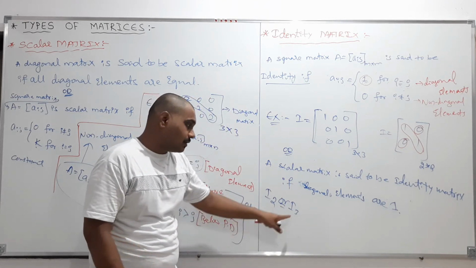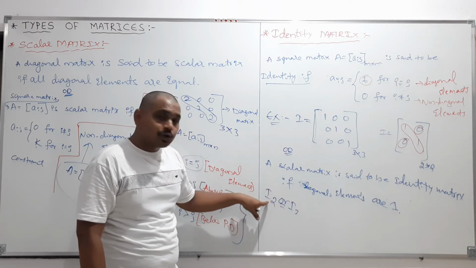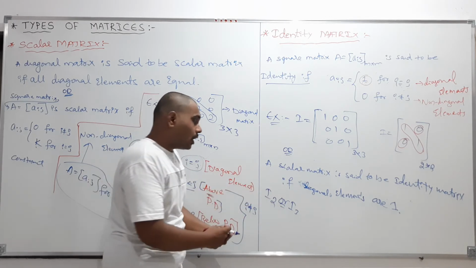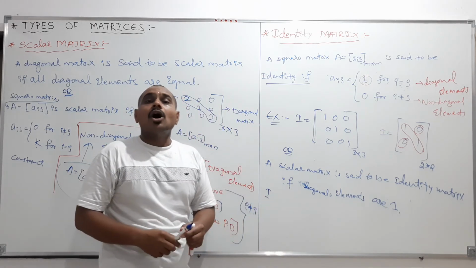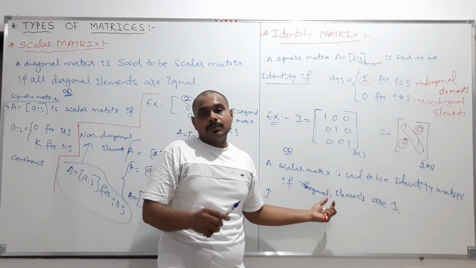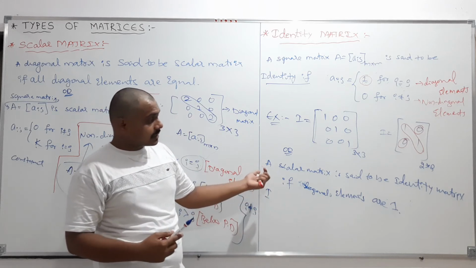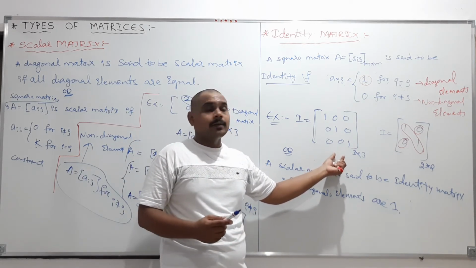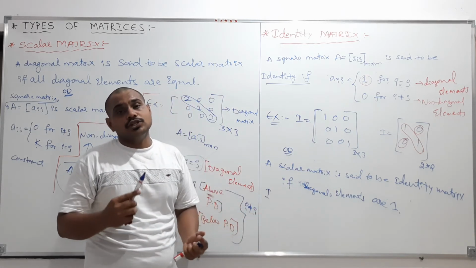I subscript 3 means the identity matrix of order 3 cross 3, and I subscript 2 means the identity matrix of order 2 cross 2, or else simply we can write I. So the order of the identity matrix is taken from the particular context, the particular situation: whichever order the discussion is going on in, that order we should take for the identity matrix.